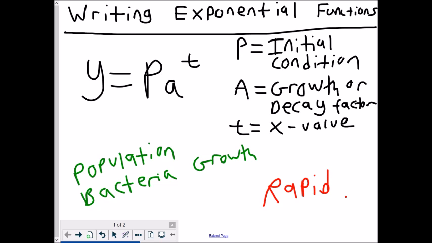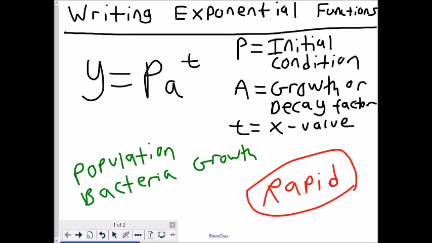And the reason that I say rapid is the main thing that you need to associate with these problems. Exponential functions go from little growth or little decay, and then they just take off growing, just immediate. It goes from a little change to a lot of change.